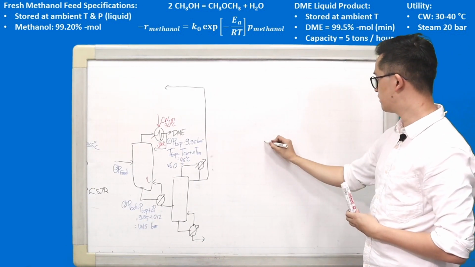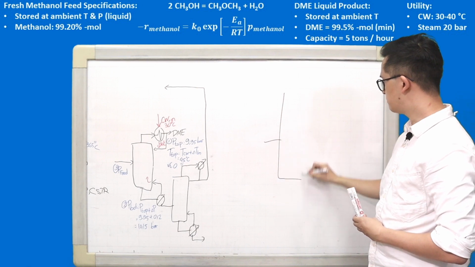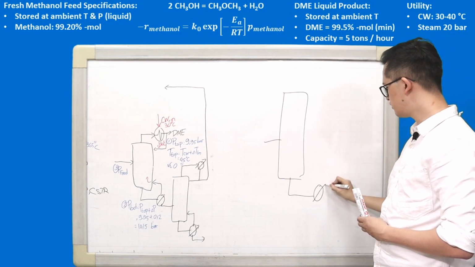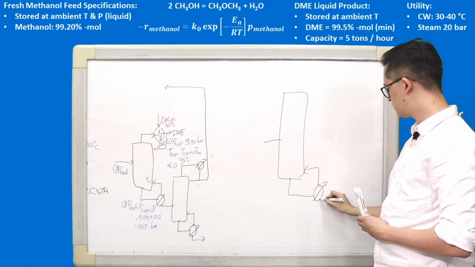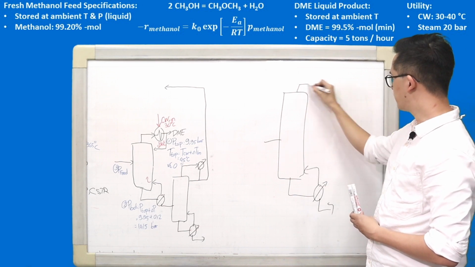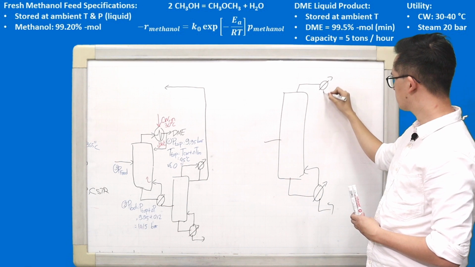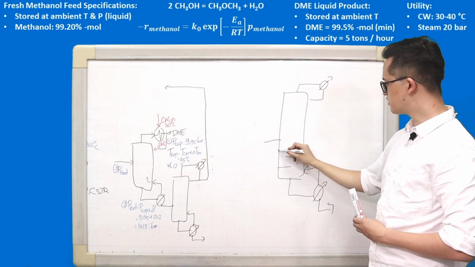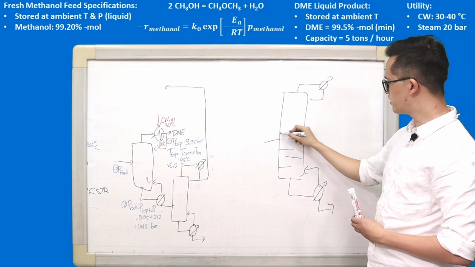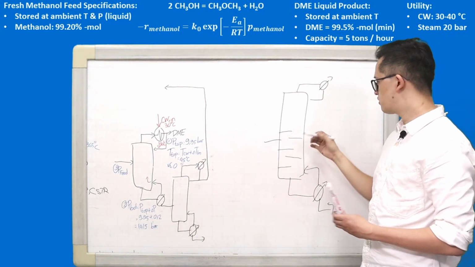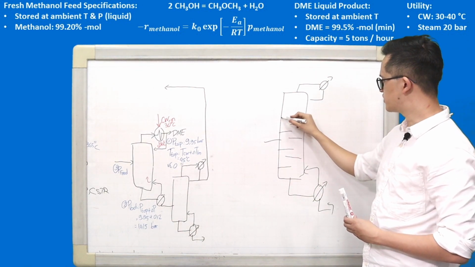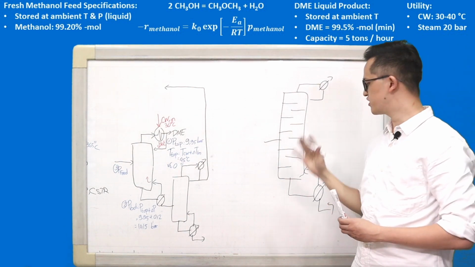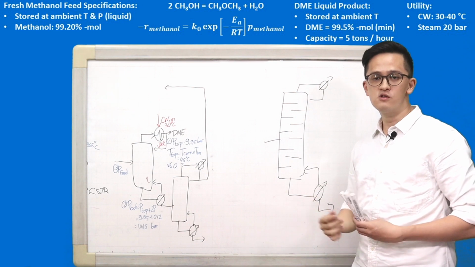So let's say that's my main distillation column, that's my reboiler, that's my condenser, and we know that the distillation column is mostly a tray column, or even some packed column for special applications. So let's say I'm going to use the illustration for the default tray column.